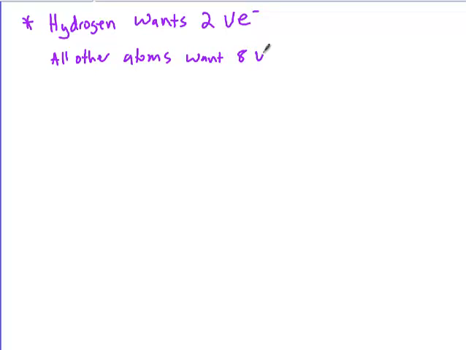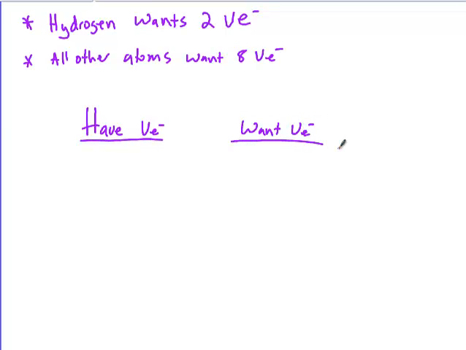The others want 8 valence electrons that we will work with. So we go through something called have valence electrons and we want valence electrons. So let's just take a look at some of our examples that we looked at the beginning.